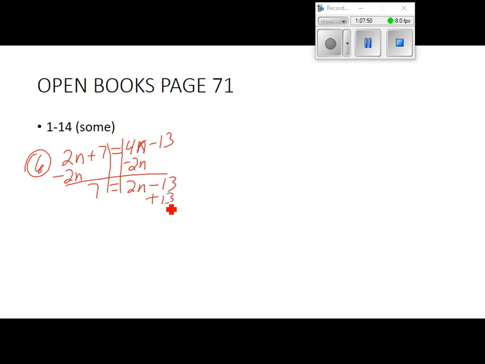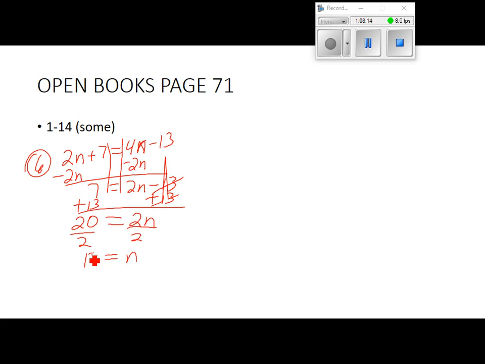Plus 13, right? 7 plus 13 is 20. 2n. Now what? You divide and it gives you 10. Yep.